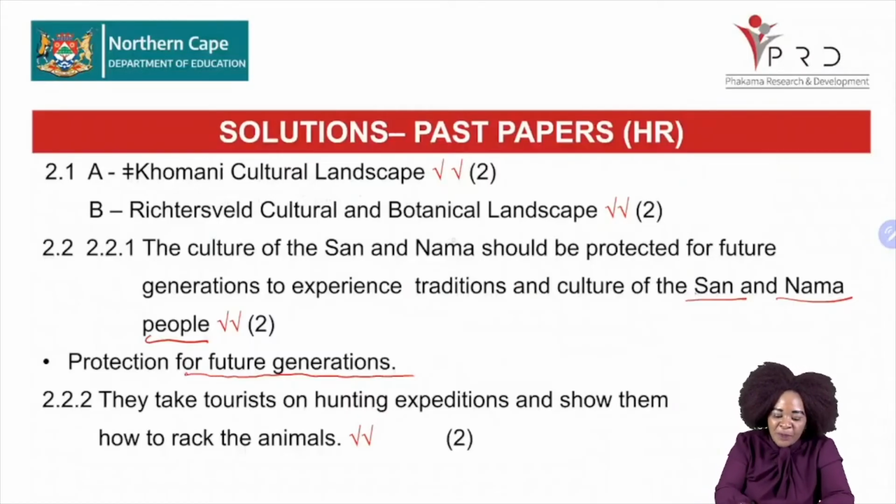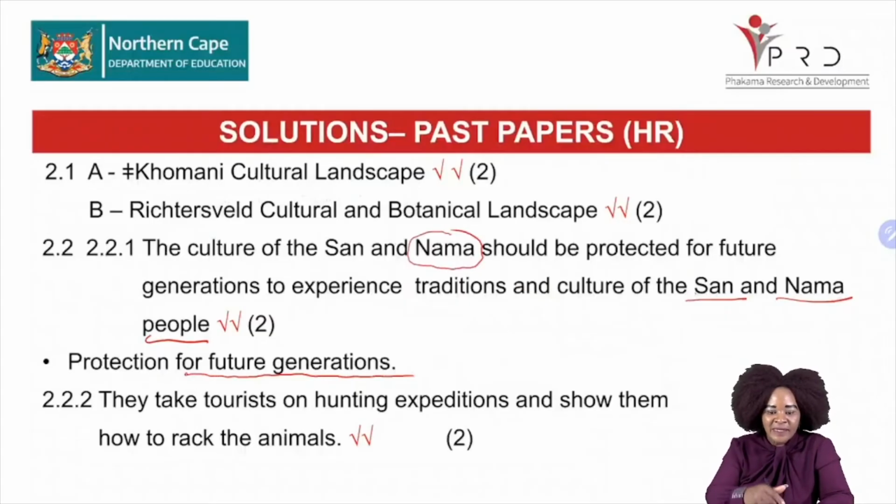If the Nama people are still living their nomadic life, and the current generation is able to experience that, what about the future generation? We want the future generation to also learn about these cultures, practice them if they have to, and know their origins in most cases. So it is very important.